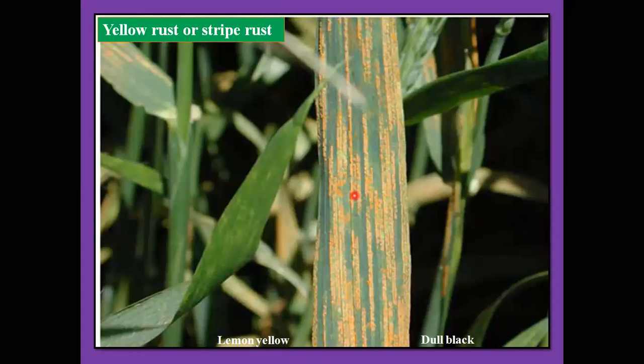Then last is yellow rust or stripe rust. This rust is easily identified because lemon yellow pustules are generally lined up in typical stripe patterns on the leaf portion as compared to the stem portion or other portions.